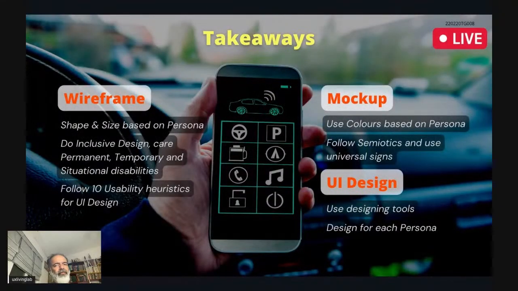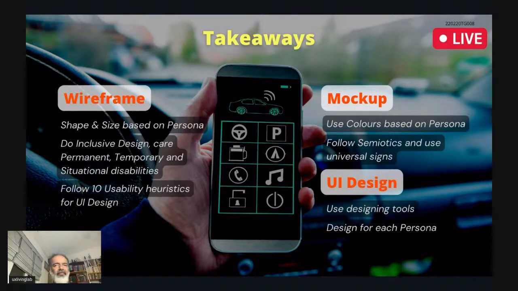Okay, these are the important facts you have to consider while you use paint and brush. Wireframing: what are the things you have to consider? Shape, size, based on persona. Do inclusive design, caring for permanent, temporary, and situational disabilities.